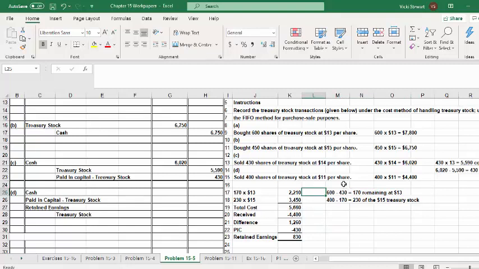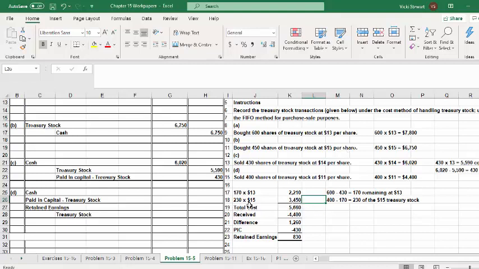We sold 430 of those, but we had 170 remaining, and the cost at $13 per share was $2,210. The remaining 230 shares would come from the shares that we purchased at $15 per share.